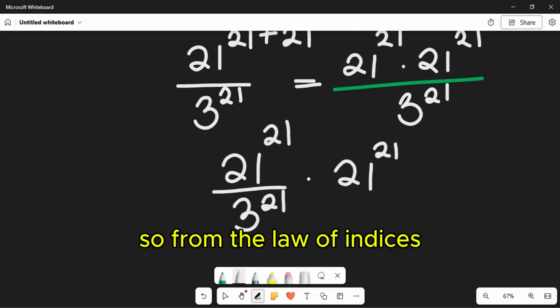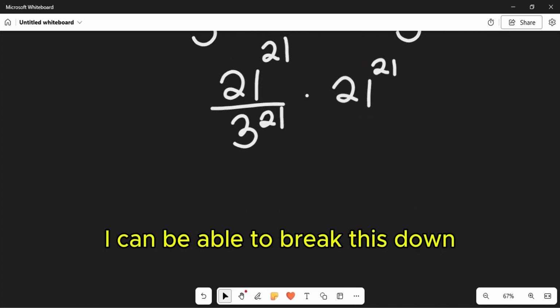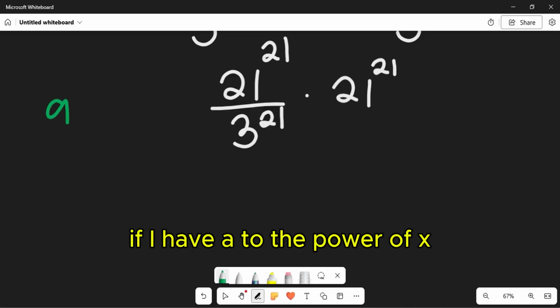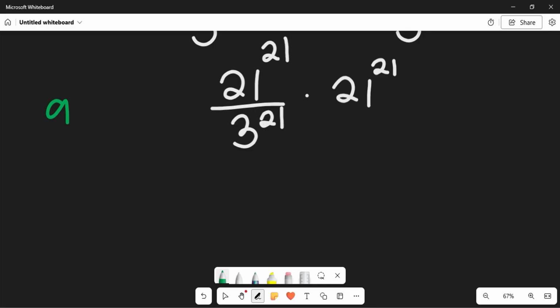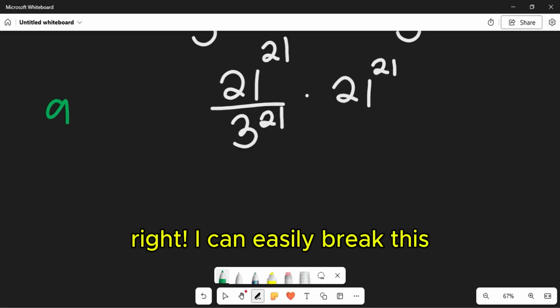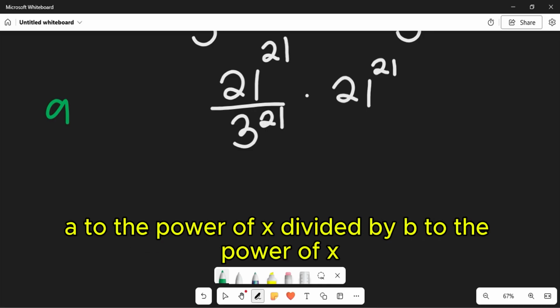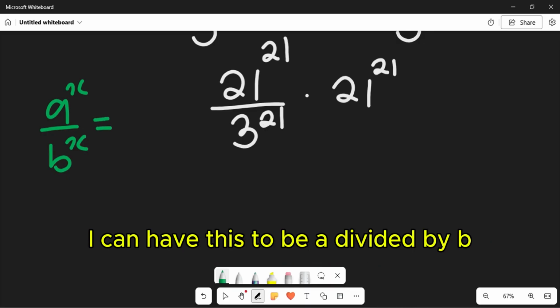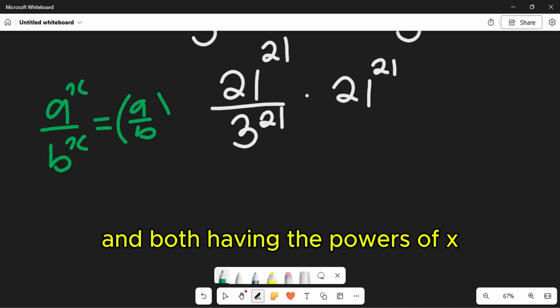From the law of indices, a to the power of x divided by b to the power of x, as long as they have the same power, can be a divided by b, both to the power of x.